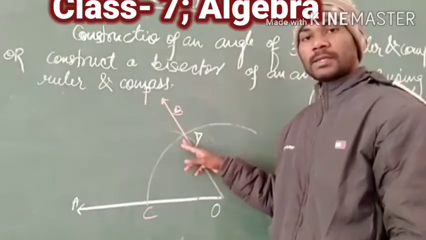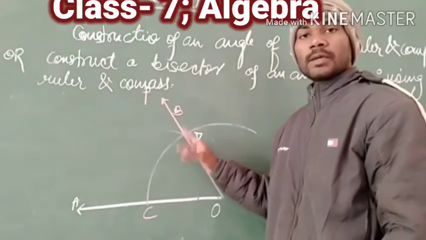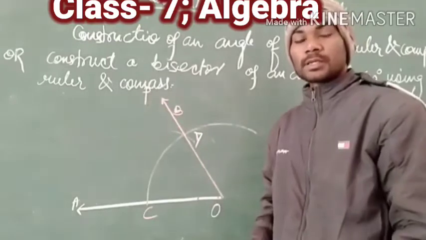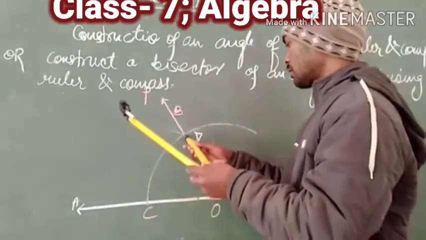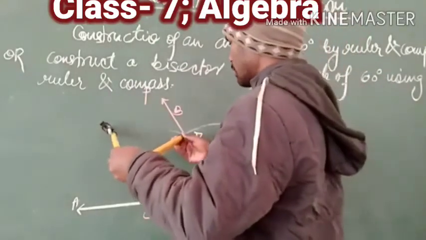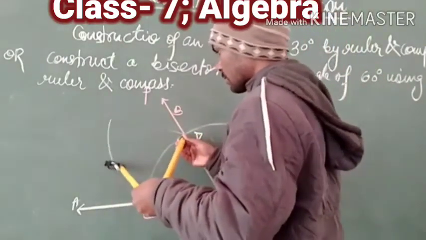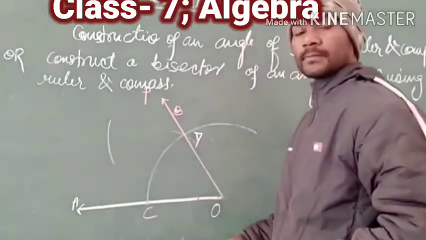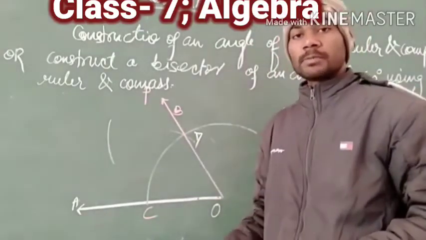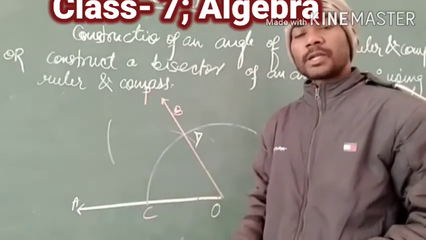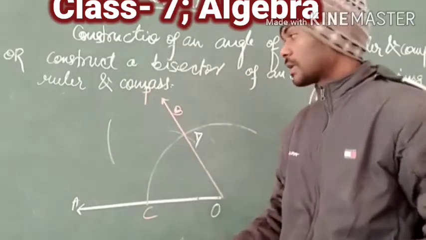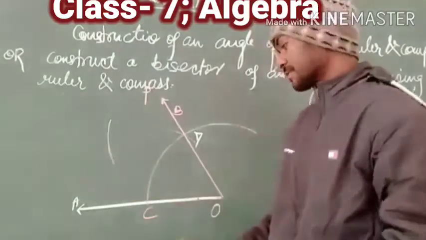With D as a center and any convenient radius, draw an arc here. In the next step, with C as a center and the same radius, cut off another arc to this.